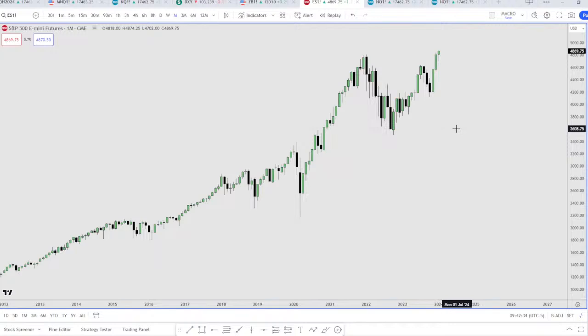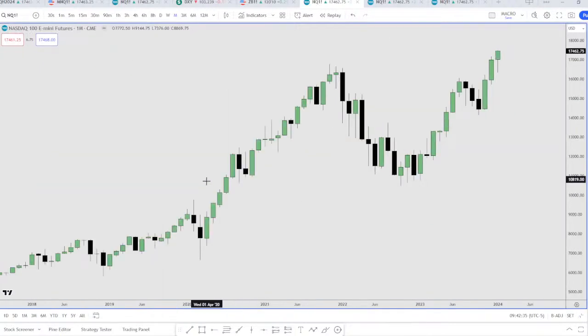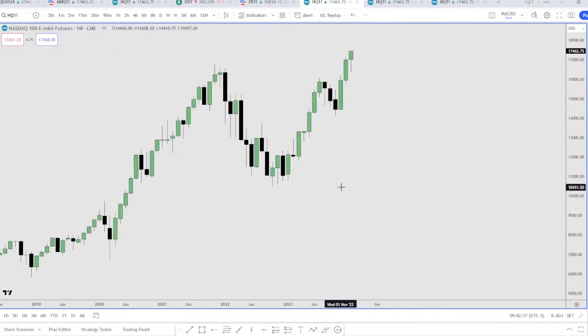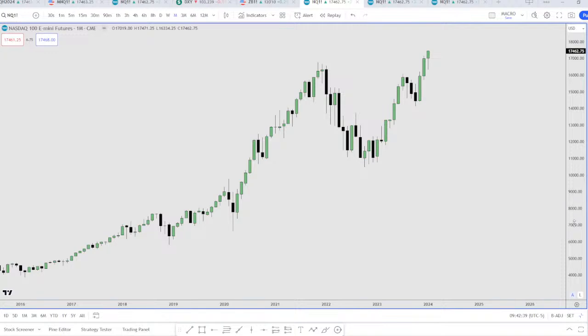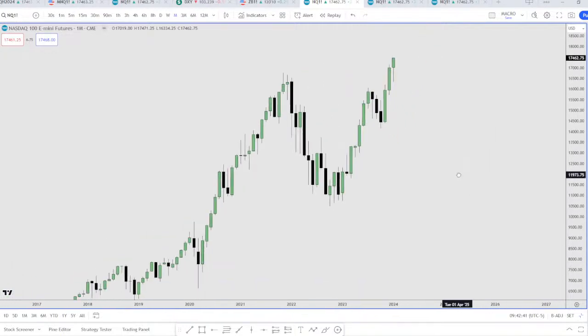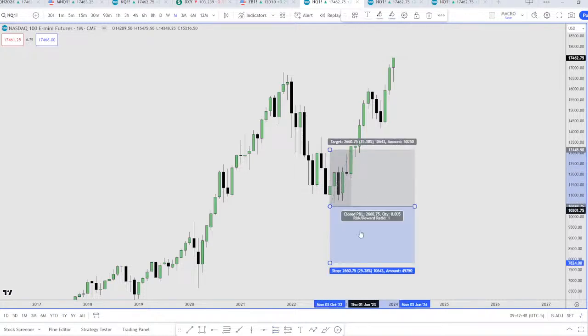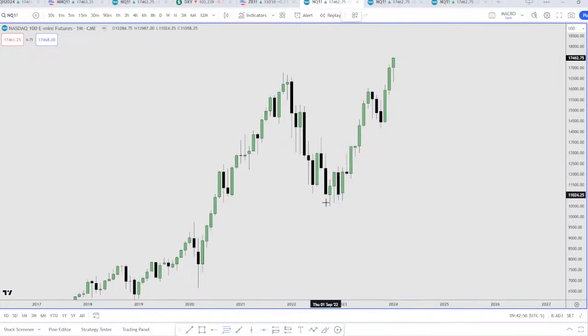Right, so on the macro time frame, if you take a look at NQ and then you use the projections, oops, this is not a projection tool.